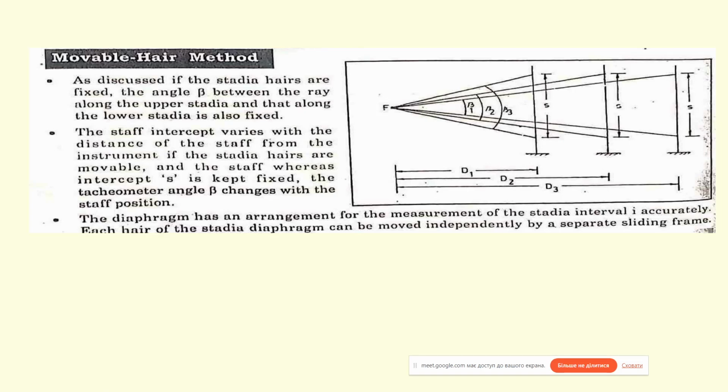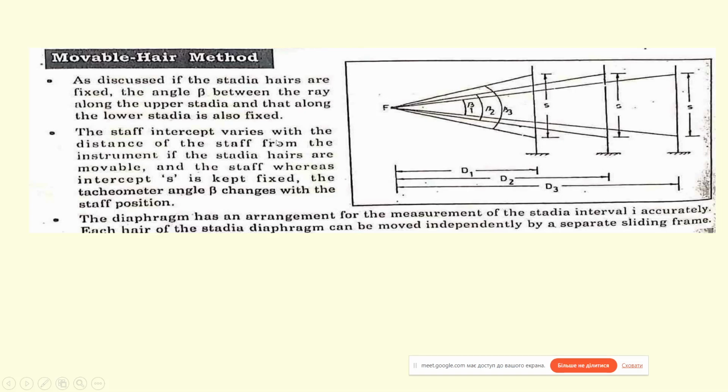Another possible option for calculating the distance between the tachyometer and staff is the so-called movable hair method. As discussed, if the stadia hairs are fixed, the angle B between the ray along the upper stadia hair and that along the lower stadia hair is also fixed.